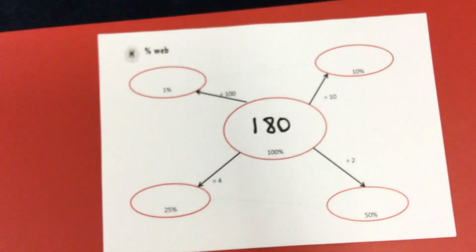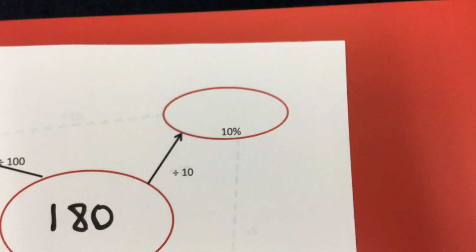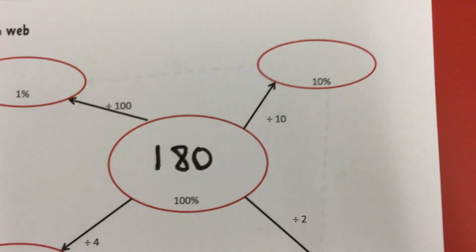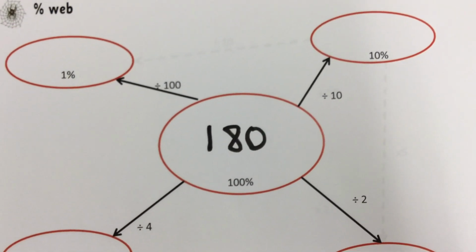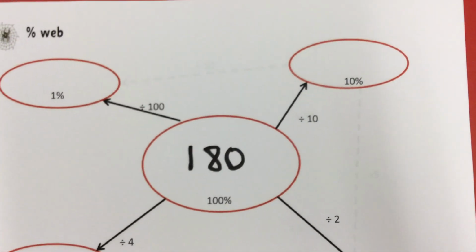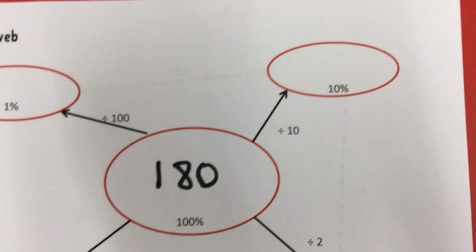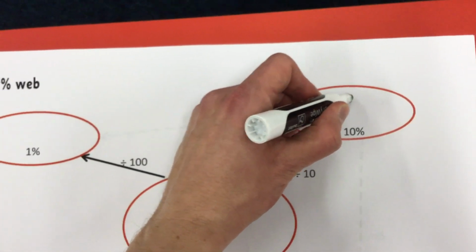Now we see there, if we want to find 10%, we know that 10 times 10% equals 100%. So if we want to go the other way, if we want to take our number, which is 180, and find 10%, we can divide 180 by 10. We can use our jumps to do that, and we'll get the answer of 18.